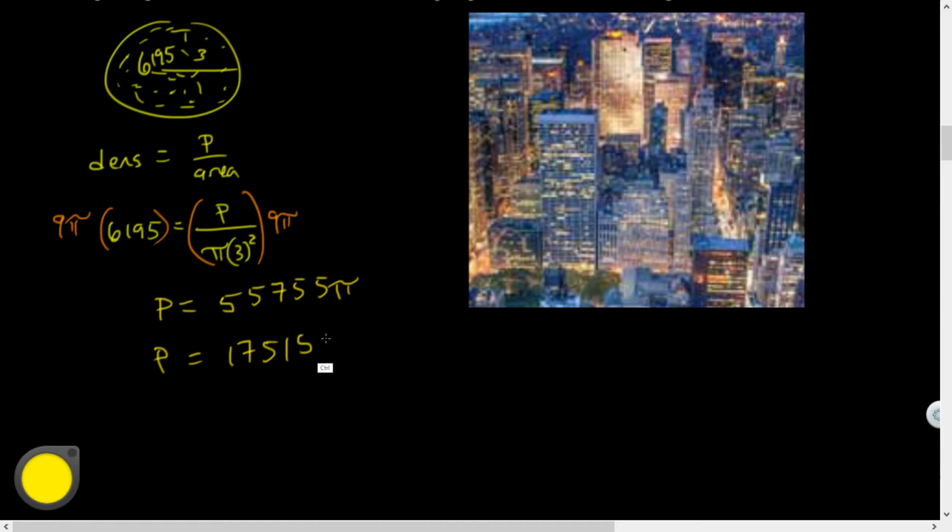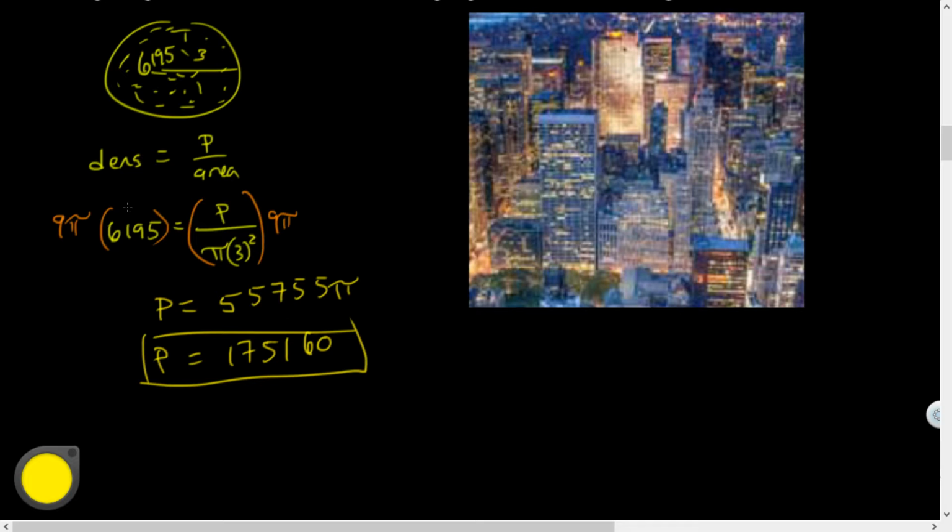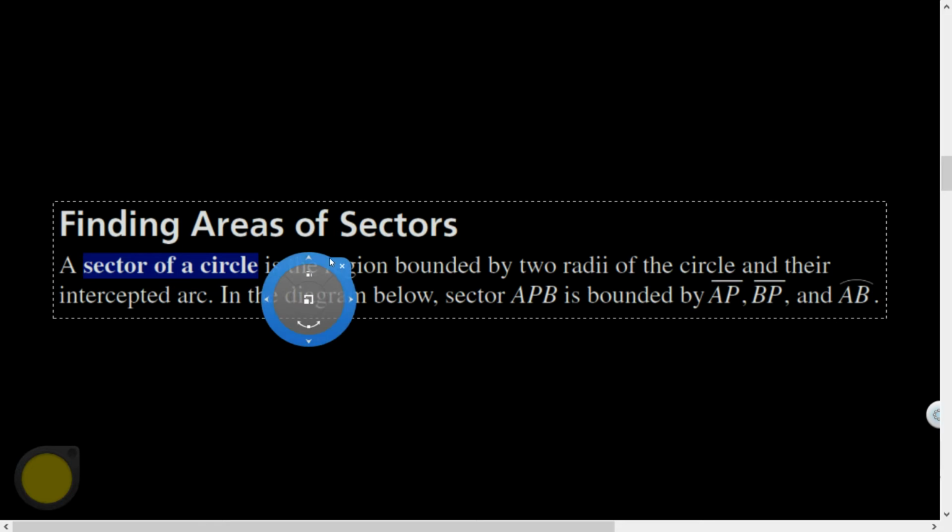I'm going to round up to 160, and we'll let people be whole people. That's the total amount of people living in that circle. I previously knew the density, and I was able to find the number of people living in that area. So you can use that formula differently.